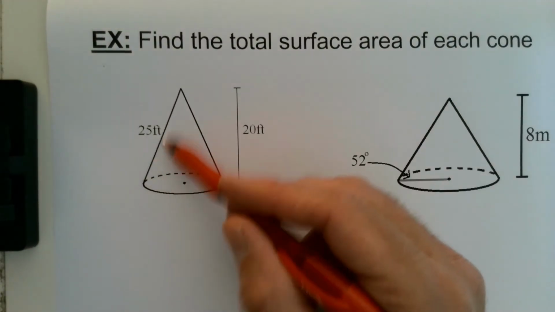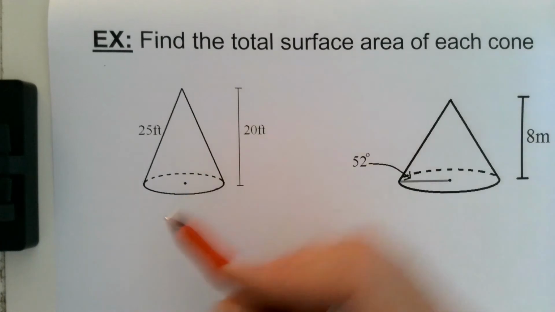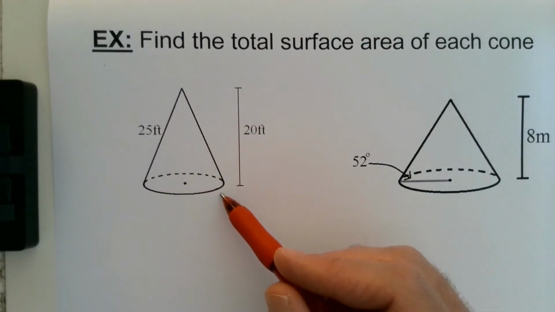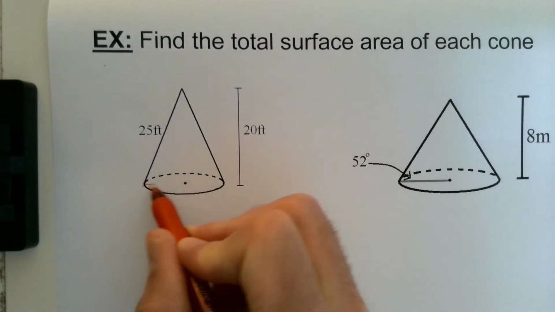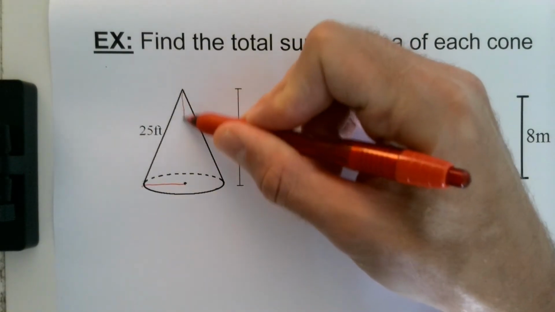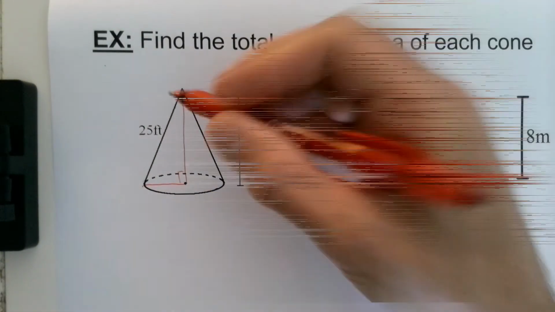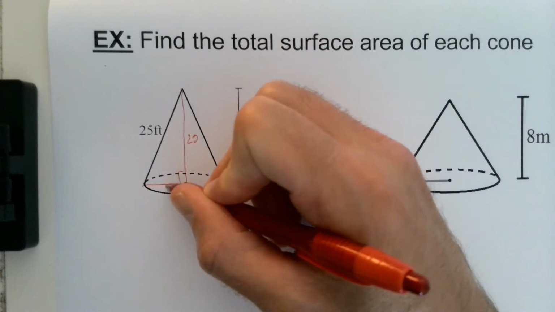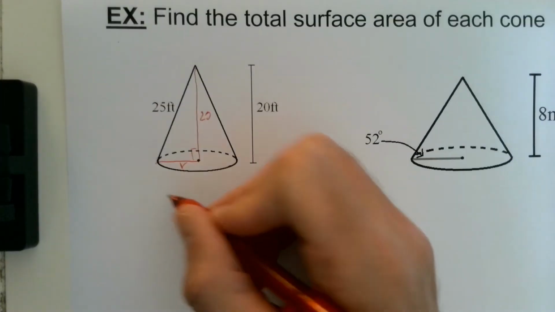Here they gave me the slant height and they gave me the altitude, but I don't have anything for the base. Well, just like before, it's another right triangle problem. So it's 20, call this r. So another Pythagorean theorem.